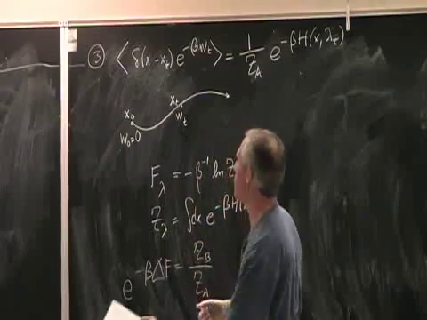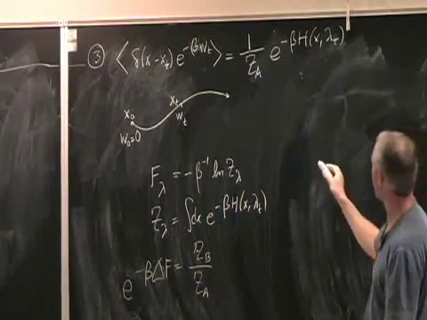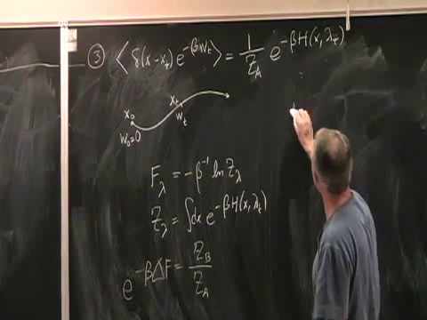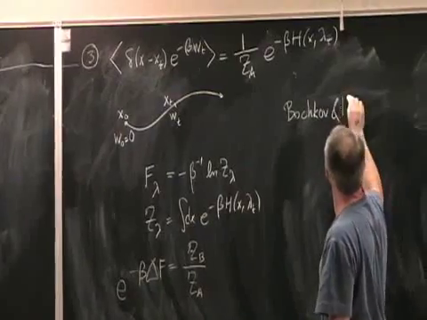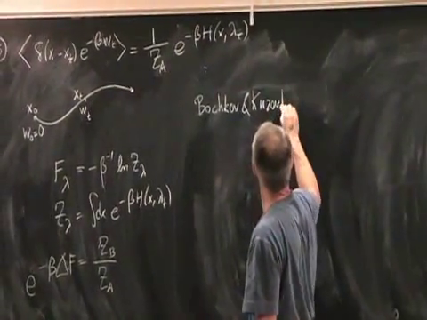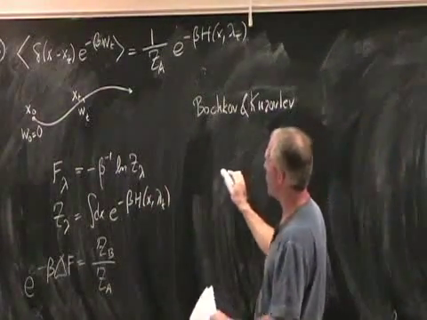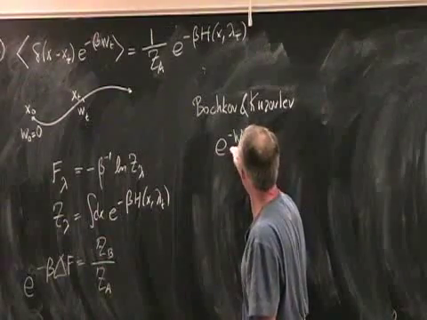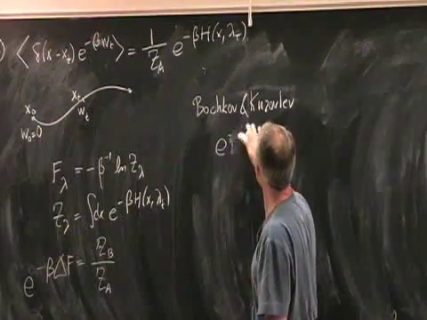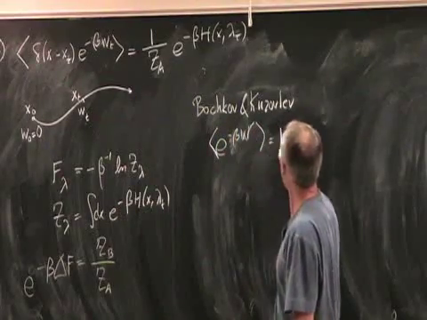And these are closely related to some earlier results. In particular, back in the late 70s, two Soviet scientists, Bochkov and Kuzovlev, derived a similar result to number one, and actually to number two as well. I'll write their result as the average of e to the minus beta w prime is equal to 1.